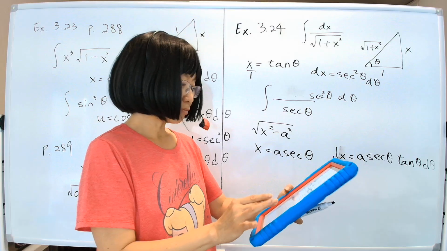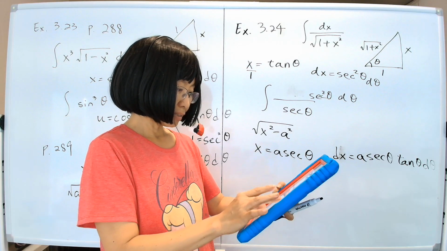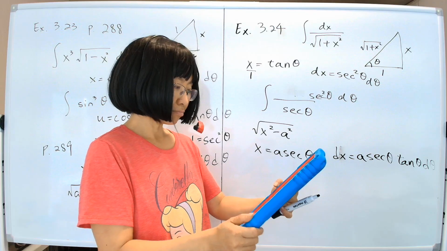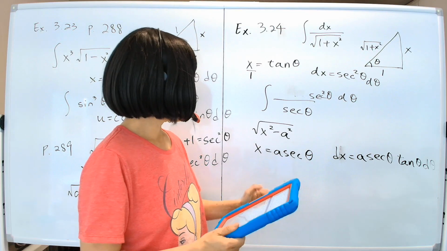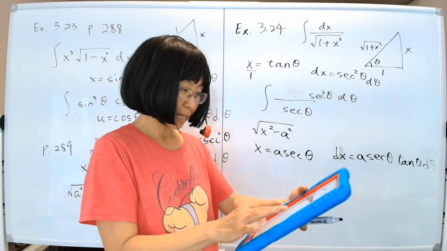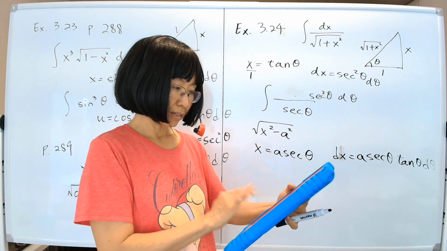Once we figure that out, the whole thing works the same way. It works almost identically to the other situation, where you plug it in and then something comes out.